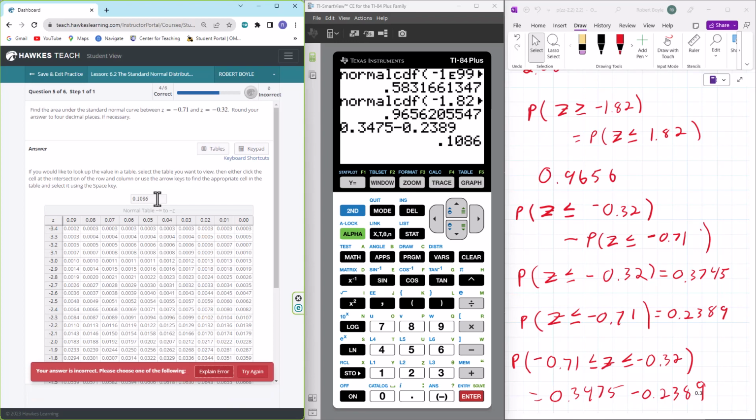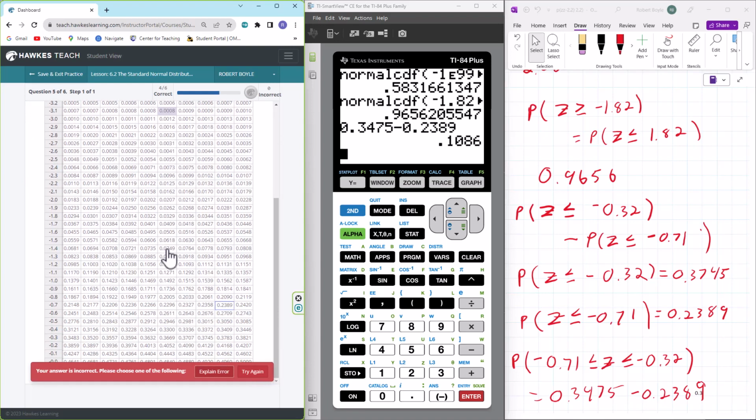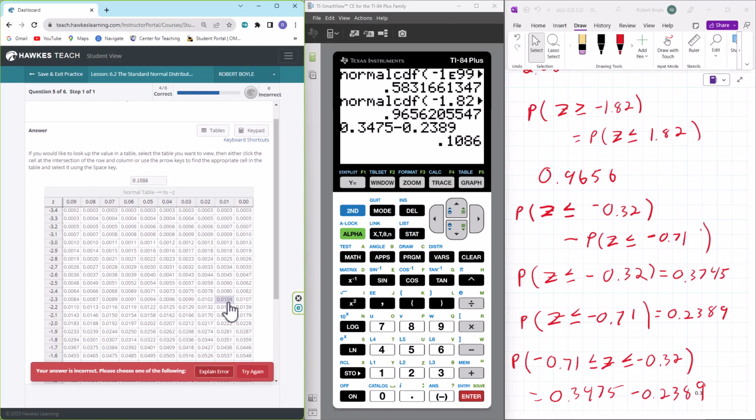And what was my mistake here? Negative 0.32, 0.3475, negative 0.71, 0.2389.